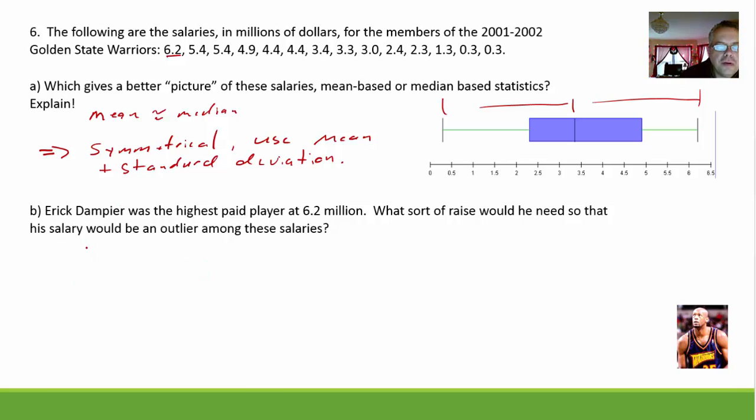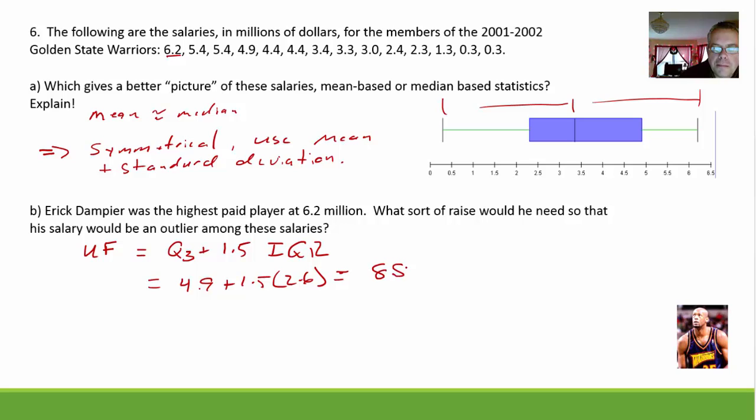So we need to compute the upper fence. So we can tell exactly. Remember, the upper fence is the third quartile plus 1.5 times the IQR. So if you enter that in your calculator, you find that the third quartile is 4.9 and the IQR is 2.6. If you do that, that gives you 8.8 million. So 8.8.